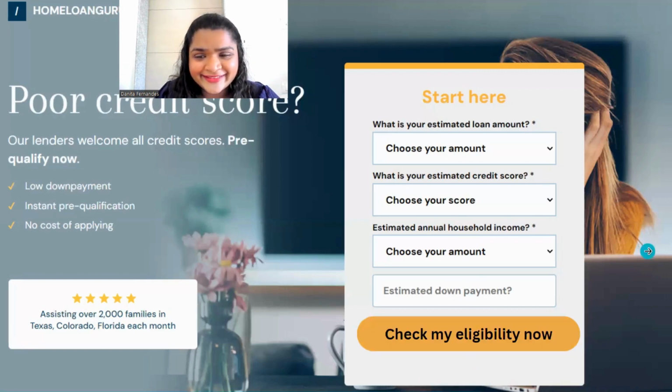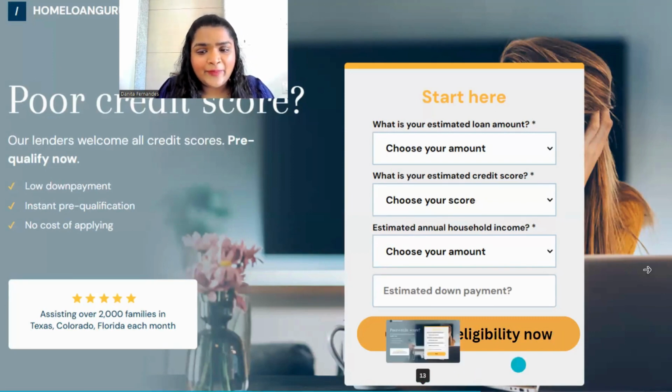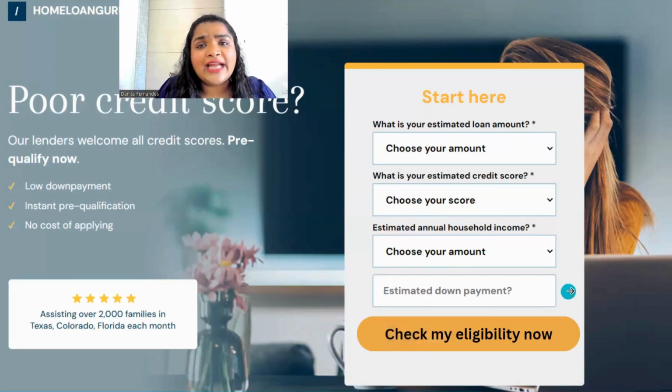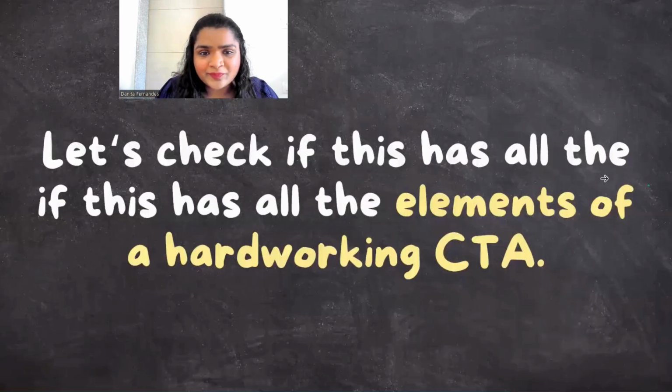All right. So I did my copy magic and transformed this bland CTA into a hard-working CTA. Let's read it. Check my eligibility now. Now, let's decode and understand, does this CTA have all the elements of a hard-working CTA?